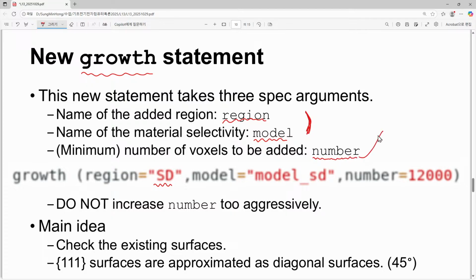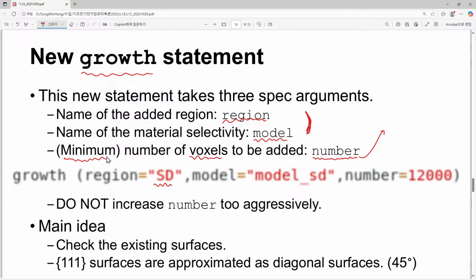That is the number of boxes to be added. Since we cannot precisely predict the number of boxes, this one is just used as a criterion for selecting the final structure, the minimum number of boxes which will be added.